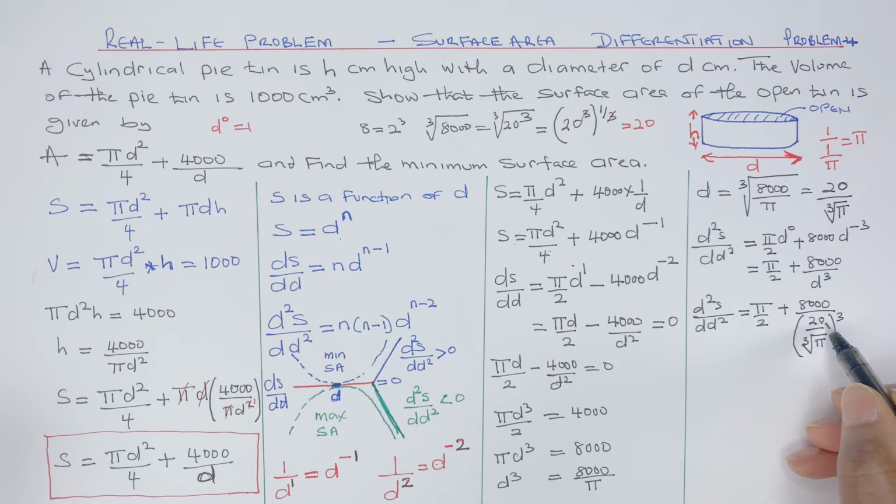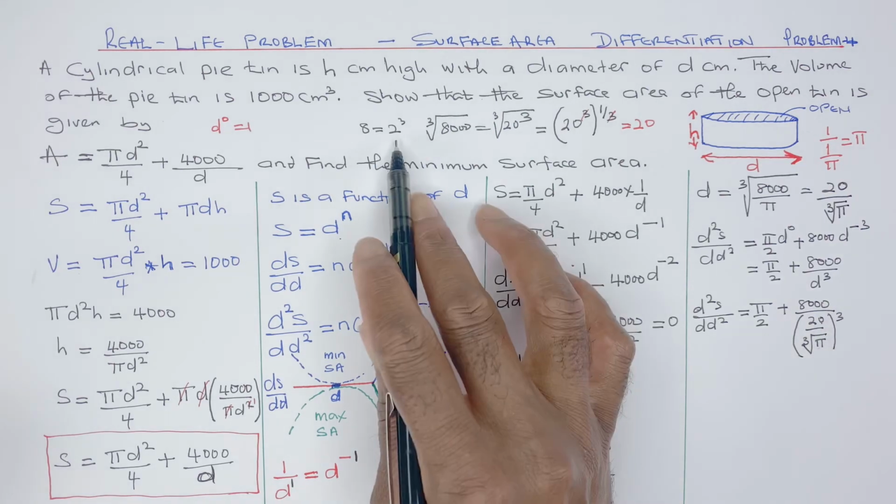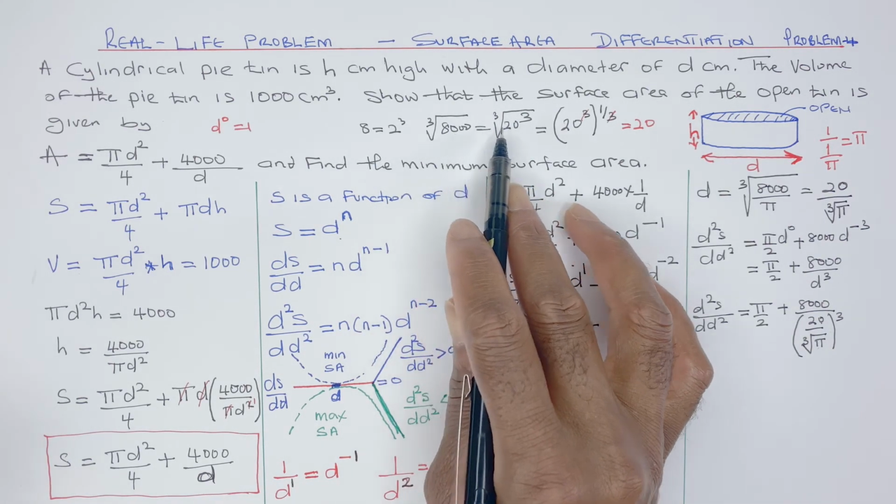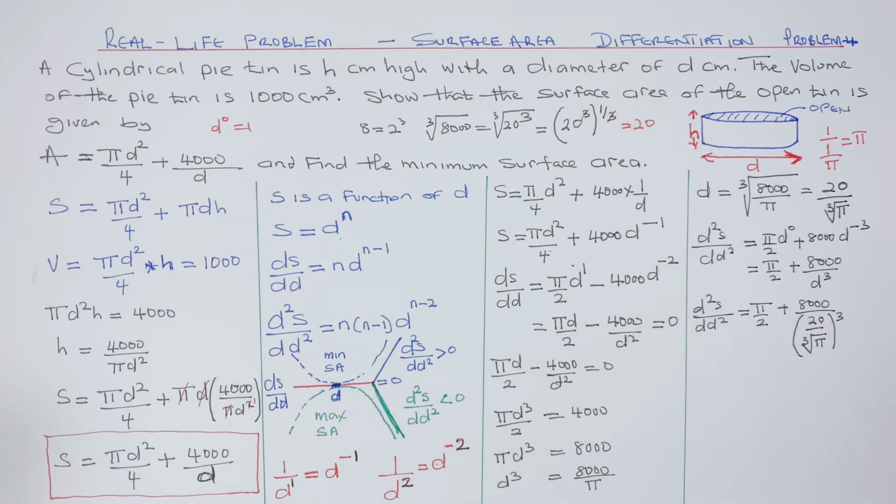Remember, 20 cubed is 8,000. That 8,000 cancels the 20 cubed. Then you're left with 1 over 1 over cube root pi cubed, which is 1 over 1 over pi, which is pi. So the whole thing here is pi.